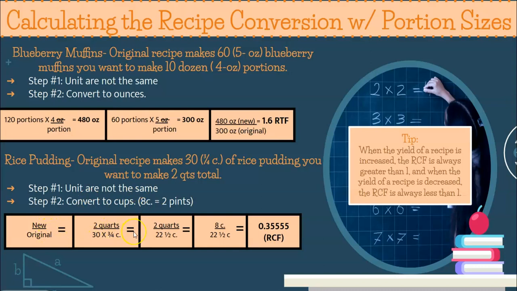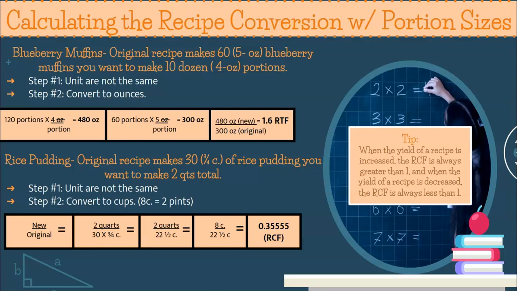So 2 quarts over 3 3/4 cups, which would convert over to 2 quarts over 22.5 cups, which would convert over to 8 cups over, there are 2 cups in a pint, 4 cups in a quart. So 8 total cups divided by your 22.5 cups, and your conversion factor is 0.355, and so on.